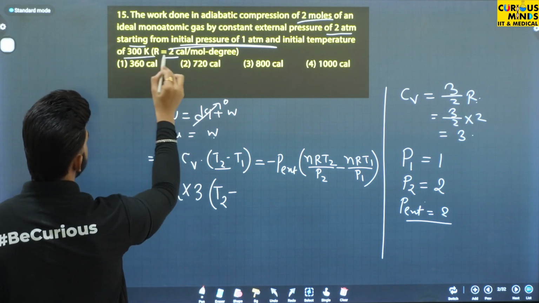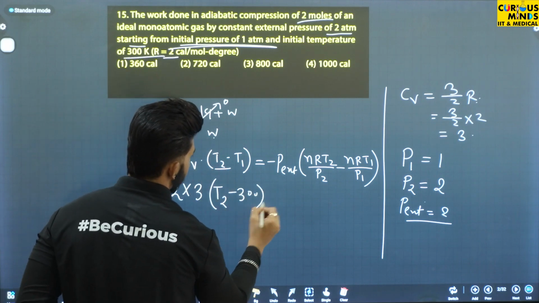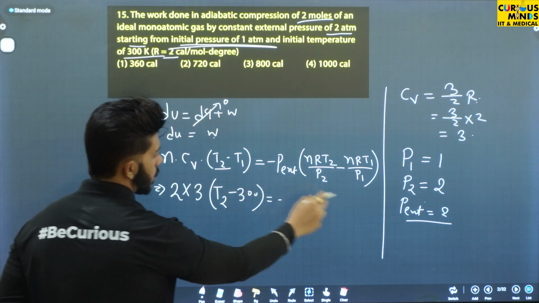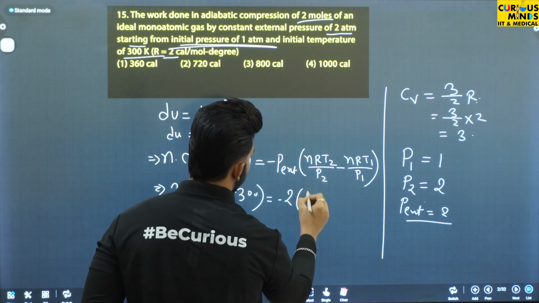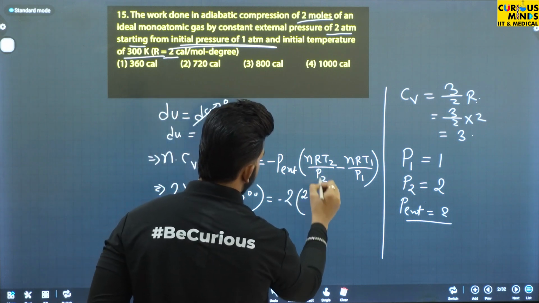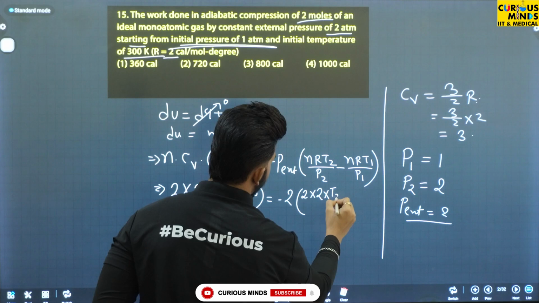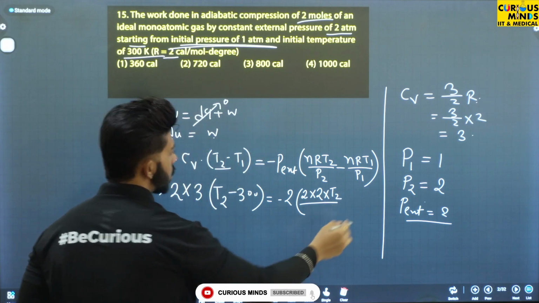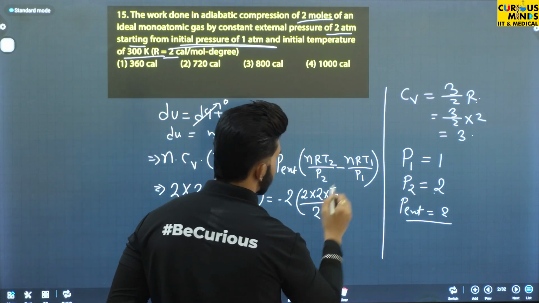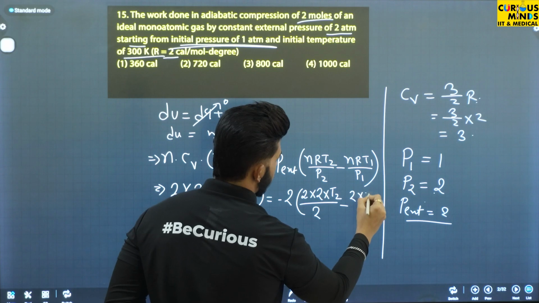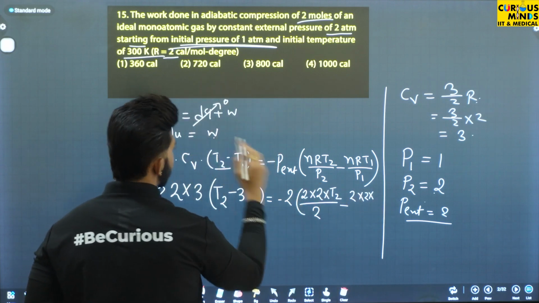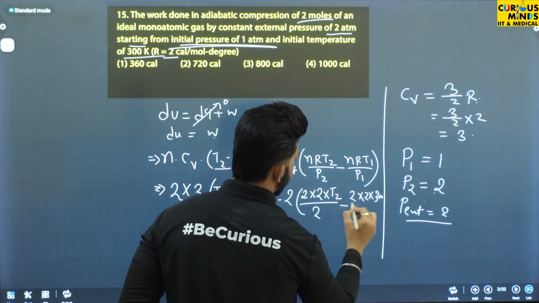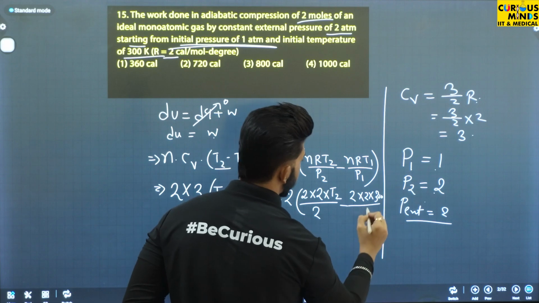That's what we have to find out. Minus T1, which is given 300, equals minus P external, which is 2, again n is 2, R is again 2, T2, that's what we have to find out, by P2 which is 2, minus n again 2, R again 2, T1 is 300 by P1 which is 1.